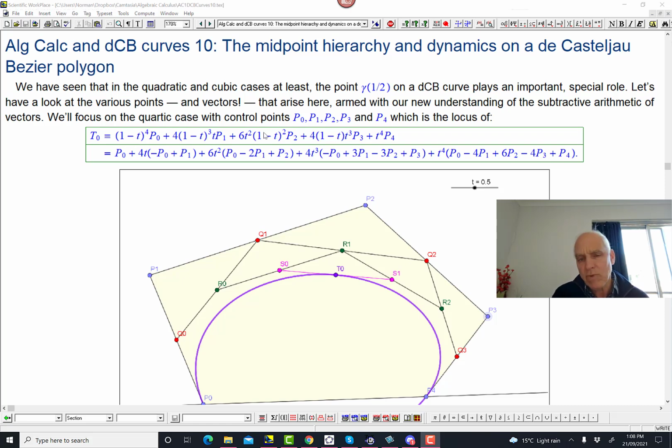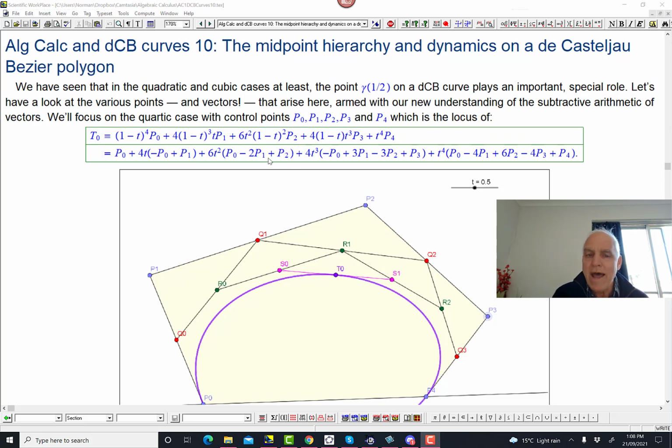Okay, and then we can rewrite this in terms of increasing powers of t, t squared, t cubed, etc. And we get these expressions. Well, we get the binomial coefficients again, but then we also get these expressions in the control points.